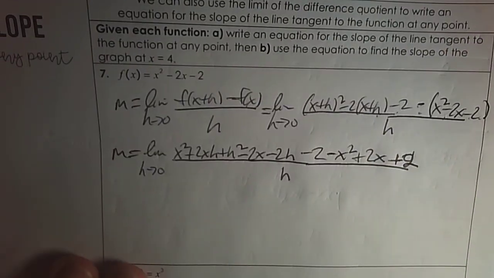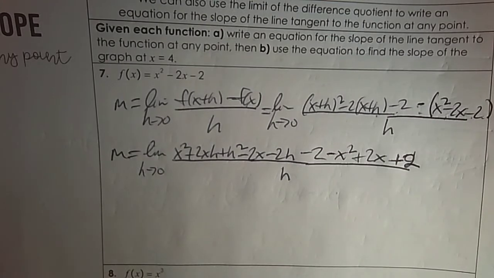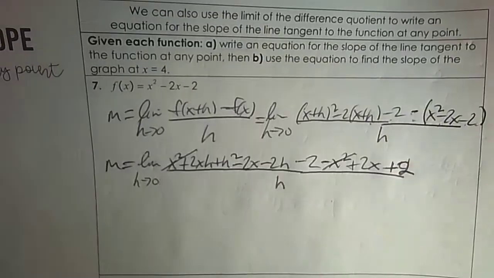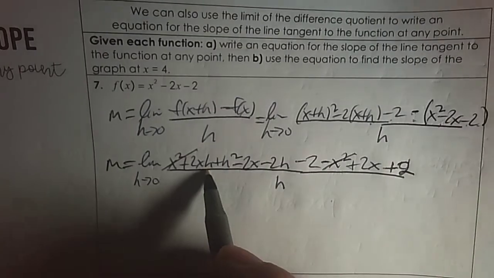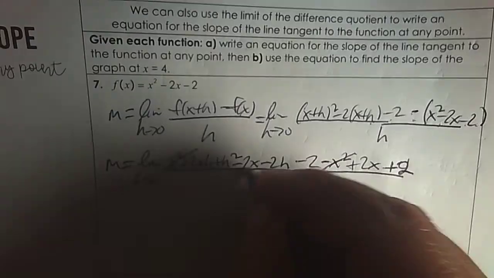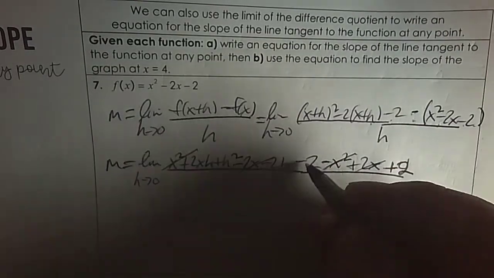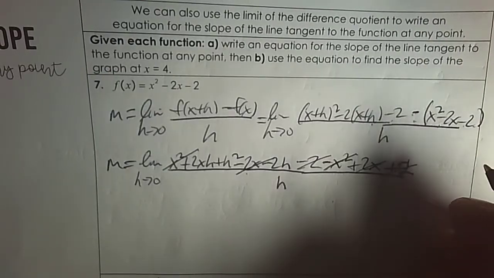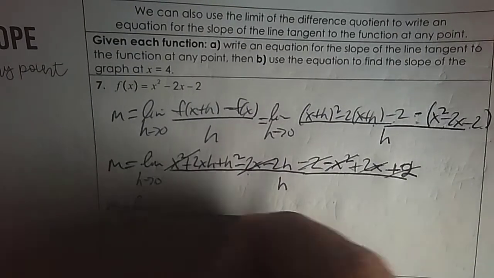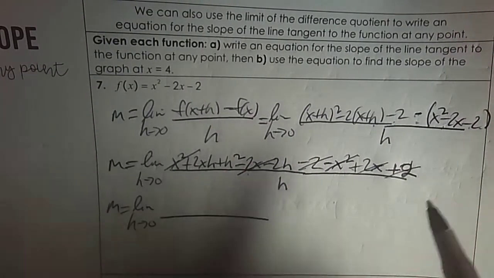Now, if I did this correctly, anything that does not have an h in it will be eliminated. So x squared and negative x squared, they're eliminated. H's, we're going to combine like terms, but negative 2x plus 2x, they're eliminated, and negative 2 plus 2 are eliminated. So then what does that leave me for the slope? So we have the limit as h approaches 0, combine like terms.